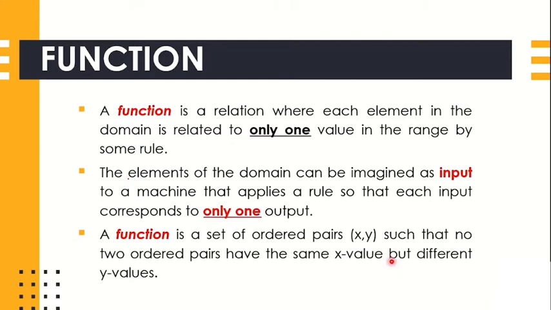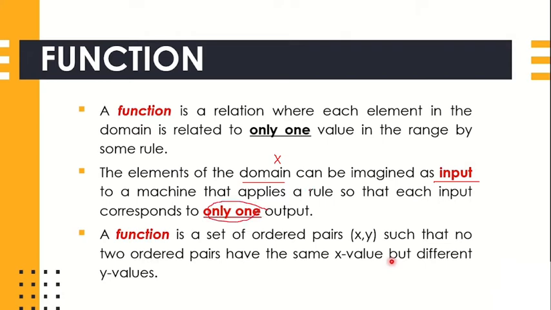The element of the domain can be imagined as input. The domain x is an input to a machine that applies a rule so that each input corresponds to only one output.